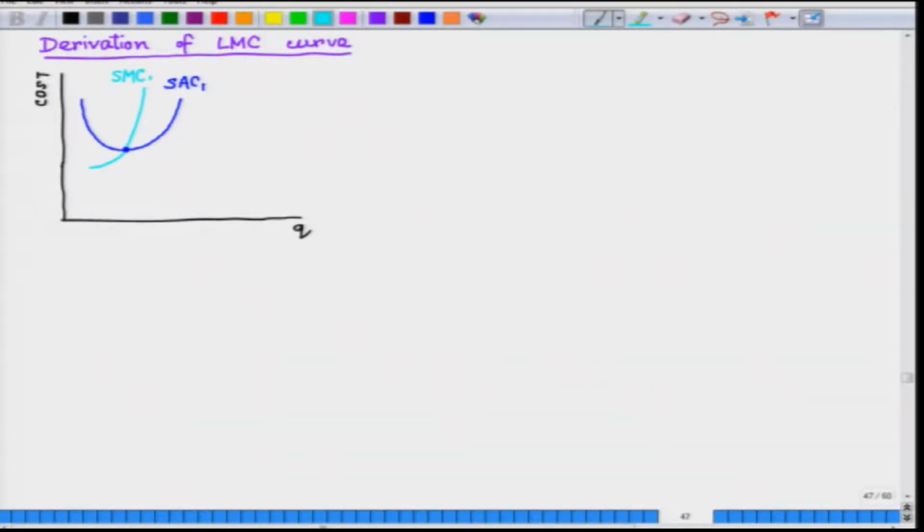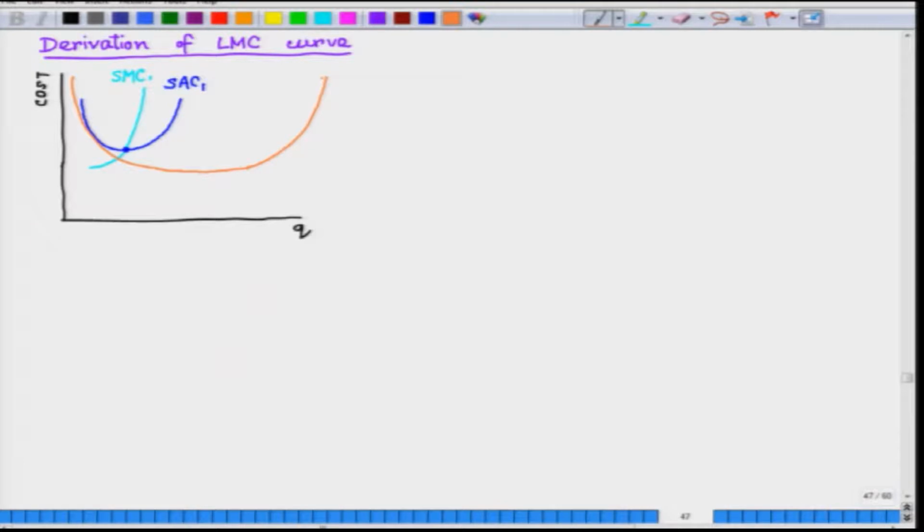Now, if we have multiple plant sizes, in that case, how to generate the long run average cost curve? Just to remind you that the long run average cost curve can be drawn as an outer envelope to this series of short run average cost curves. I have not drawn more than one here, just to make our graph less clumsy.